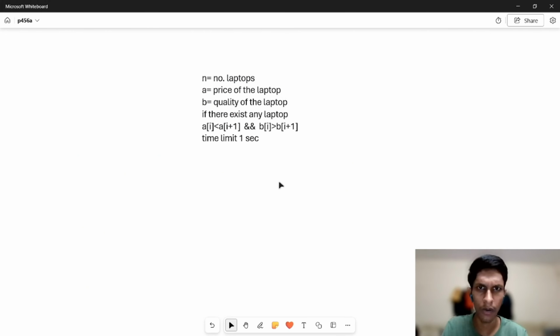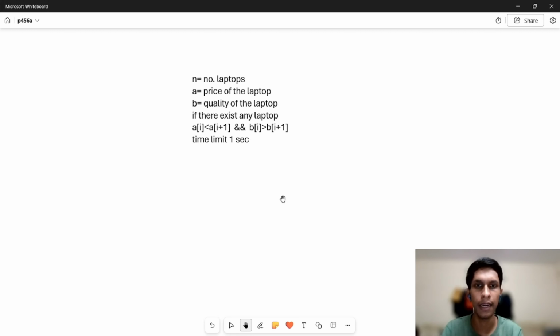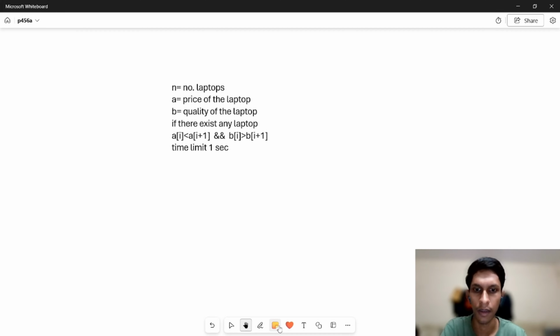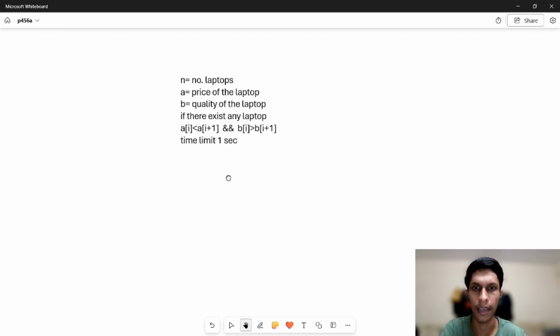So what I'm going to do is, since we are given A and B, which are the specific price and quality of one laptop, I'll make a pair of A and B and compare all the pairs of such laptops with each other, and see if I can find any laptop whose price is lower than any other laptop and whose quality is better than any other laptop.